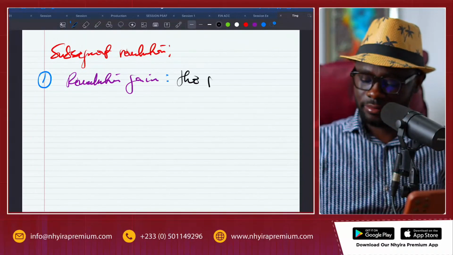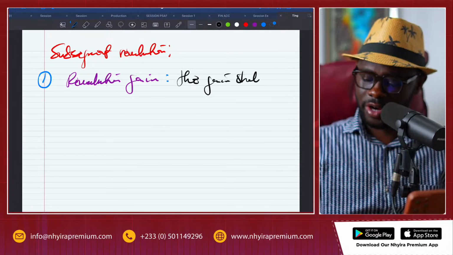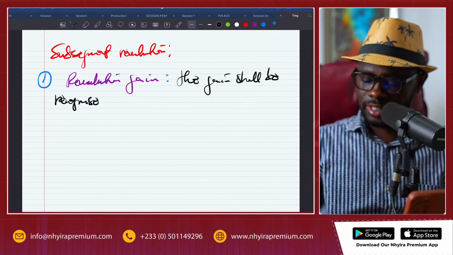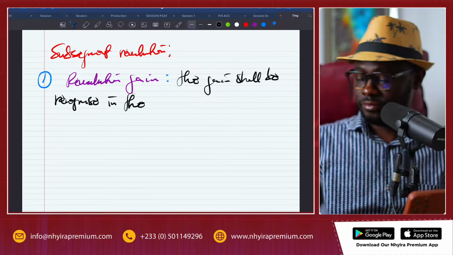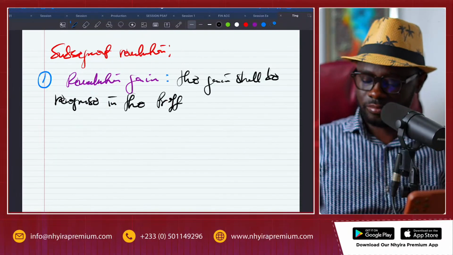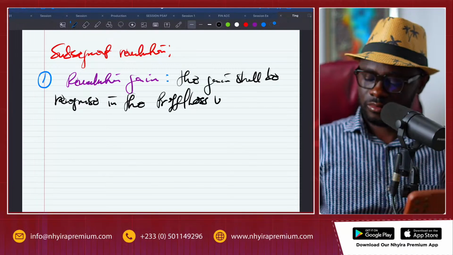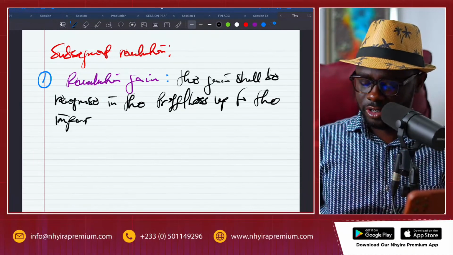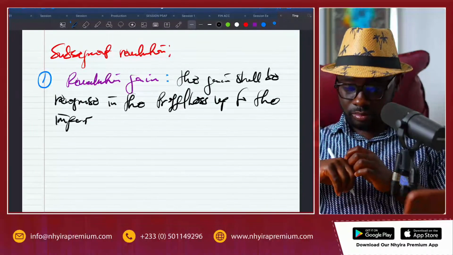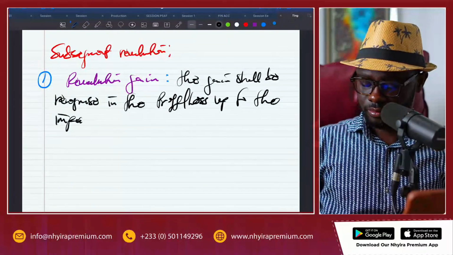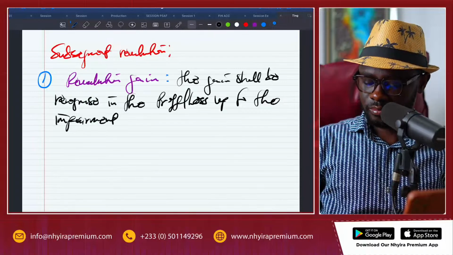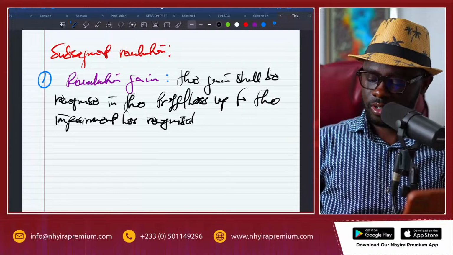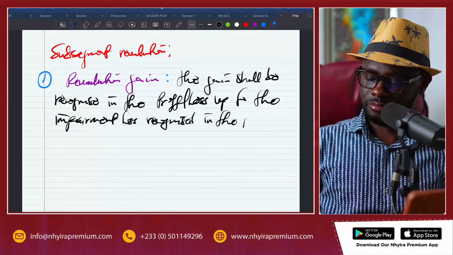So the gain shall be recognized in the profit or loss up to the impairment loss recognized in the previous year.